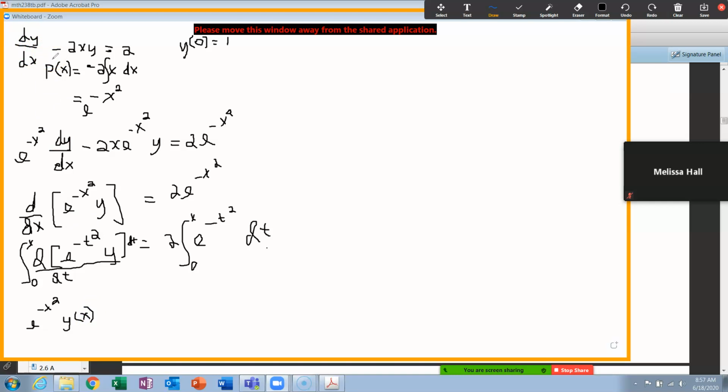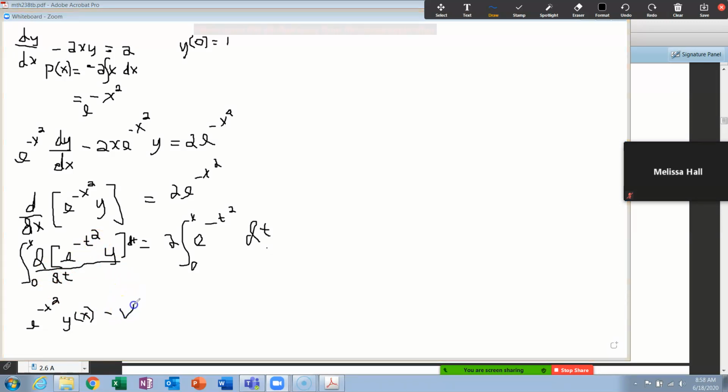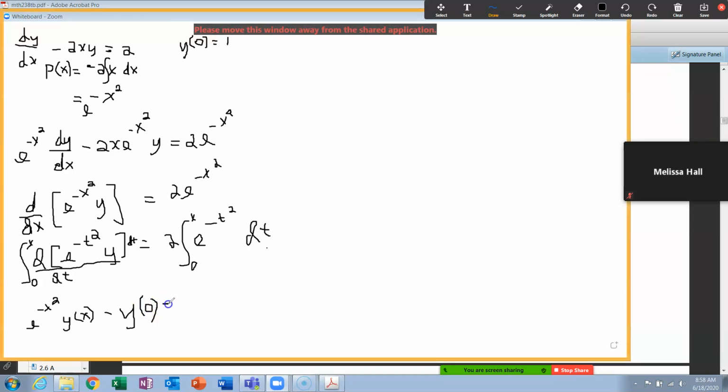That's what we're looking for. But it's minus e to the 0, well, that's 1, okay, times y of 0. Y evaluated when x is equal to 0. Well, guess what, team? We know what that is as well. That's 1. So I'll put that in the next step, but I wanted to write it out here for you.